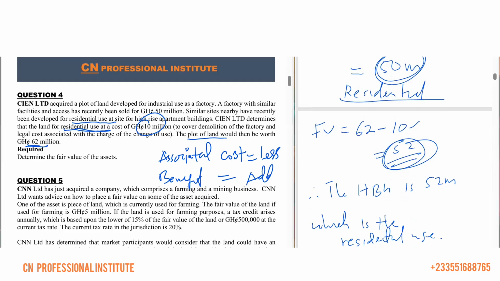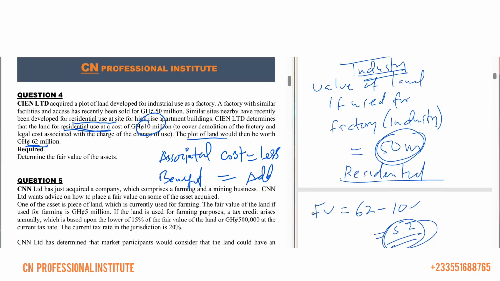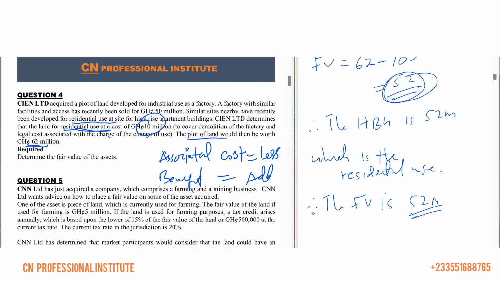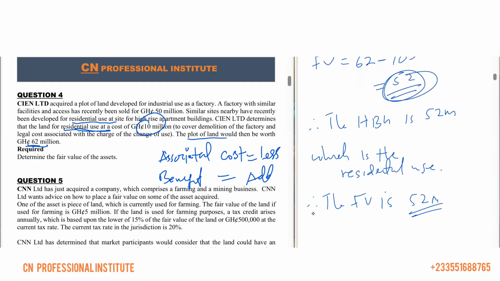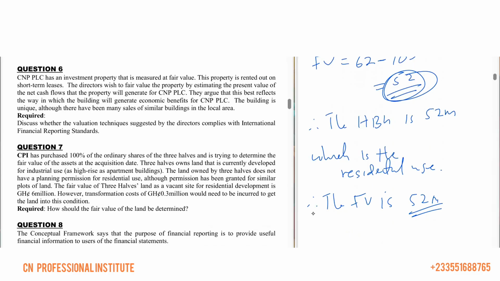Therefore, the fair value is 52 million. And that's the highest and best use because you compare the two, industry and residential, and then you pick the higher, and that's the fair value. I told you, don't forget, any associated cost is less, benefits are added.